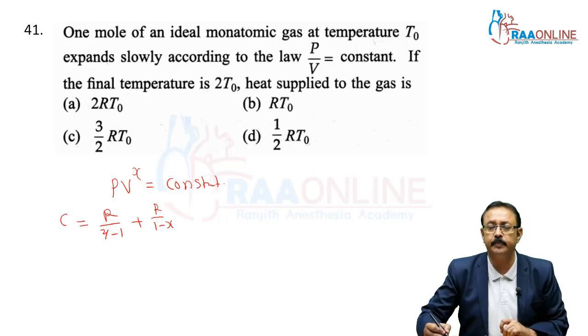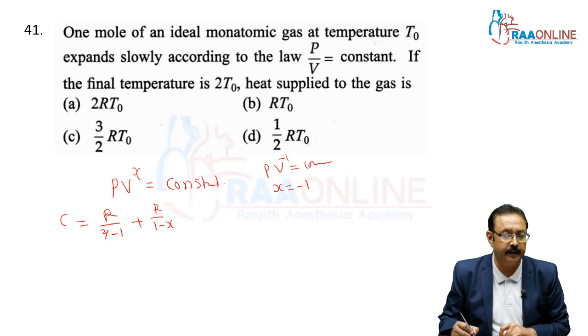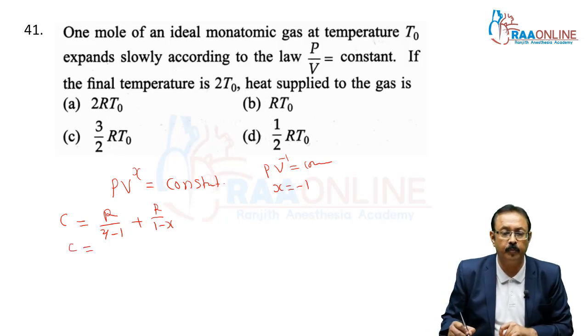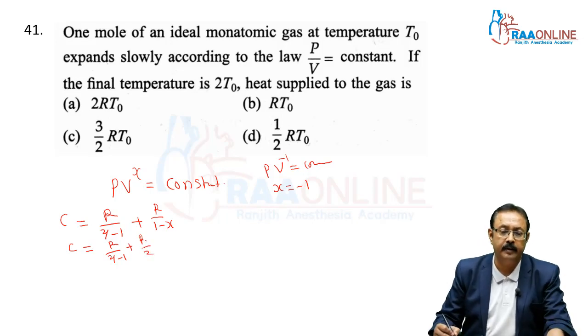In this process, P upon V is constant, means P into V raised to the power minus 1 is constant. So for this, x is equal to minus 1. So molar specific heat we will get by the formula R upon gamma minus 1 plus R by 1 minus minus 1, which means 2, R by 2. So in this way we got the value of C.